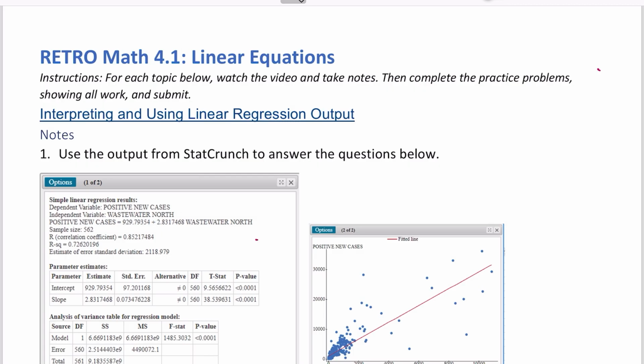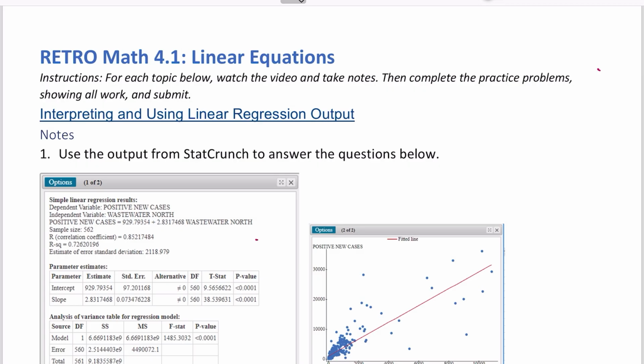But anyway, they took these measurements where they measured the amount of COVID in the wastewater, and then they also measured positive new cases, and they looked to see if there was a correlation, which of course there was, between the amount of COVID they detected in the wastewater and the amount of COVID that was showing up in positive cases in the city when people were testing frequently.